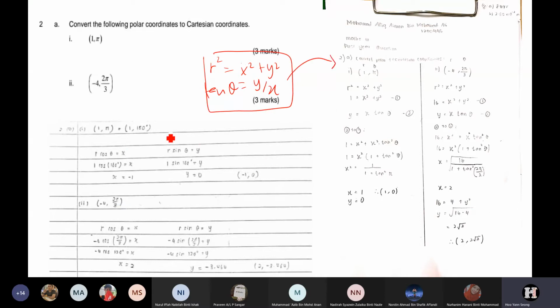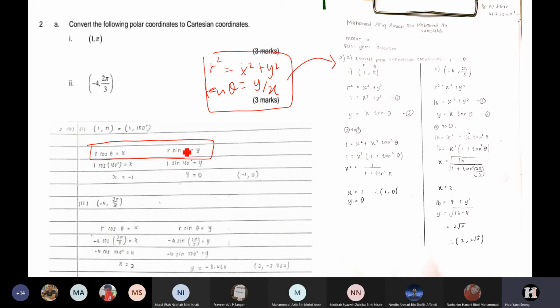And for the left hand side, the person remembered r cos theta equals x, r sin theta equals y. 2% remembered a different formula. So because he only remembered this formula, he tried to use it to find his answer.